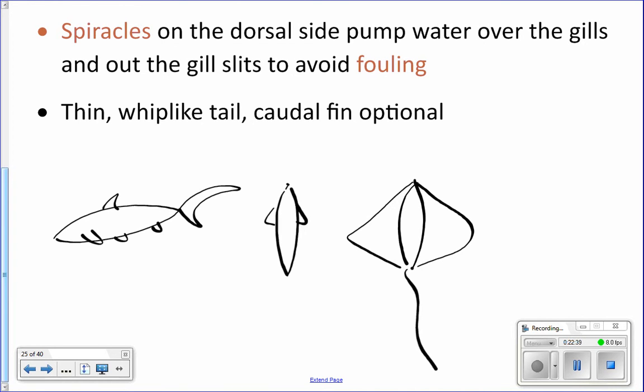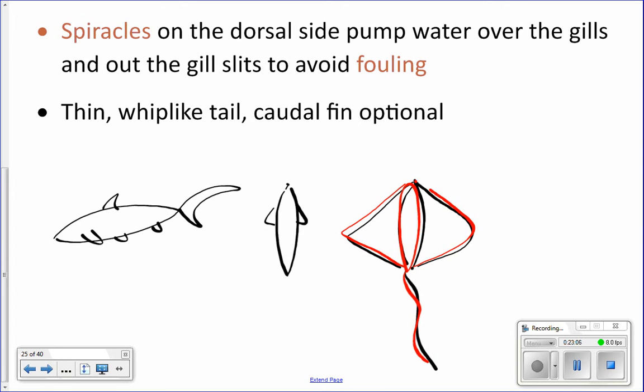And then this is what it would look like from the top, and those are its pectoral fins. For a ray, if you take those pectoral fins and enlarge them, and then attach them to the head, like that, those are its pectoral fins. And then the actual body part of the ray is in the middle. Does that make sense? And then it's got this long whip-like tail that comes out the back.